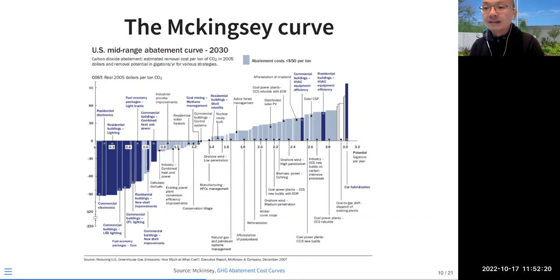And for those that are not yet technologically or economically viable, for those with positive cost, we know in order to achieve it what carbon price we should set. Let's say if we want to achieve 2 billion tons, for example, right? So we know roughly here, and the cost is about $30 per ton.